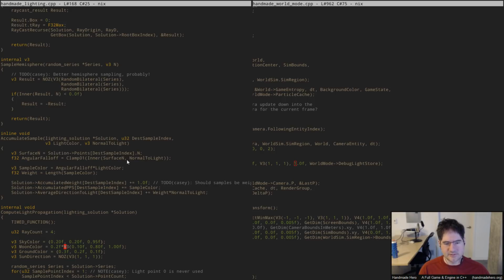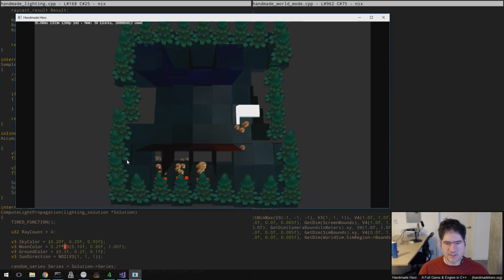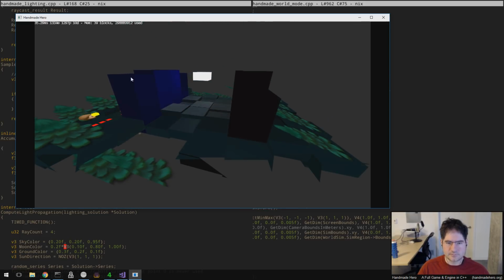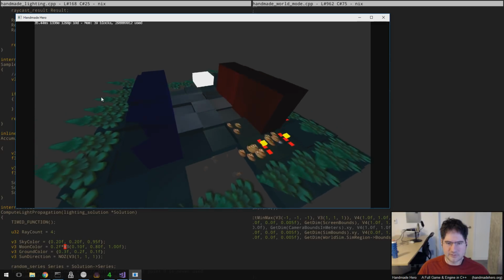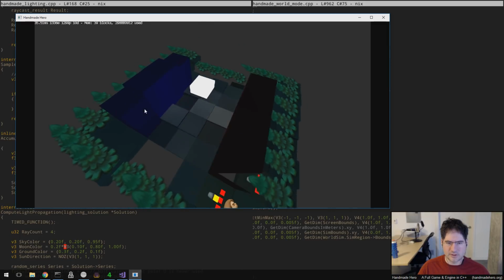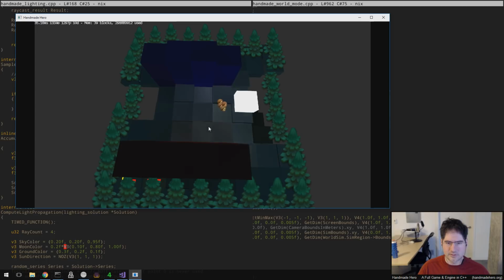I guess it's because it's very unlikely that you'll hit it is the problem. Because that should have been significantly brighter than the moonlight already, and the fact that it's not is a little concerning. So we probably still have more work to do here. Also, I think that flicker is way too fast right now, so I think our smoothing is not correct. So I think we got some work to do here.